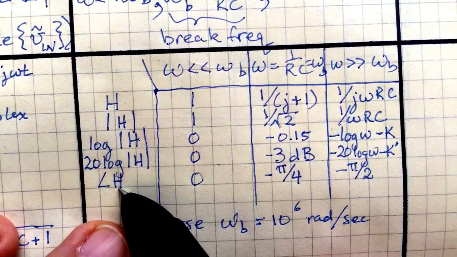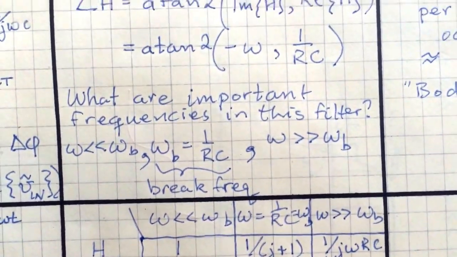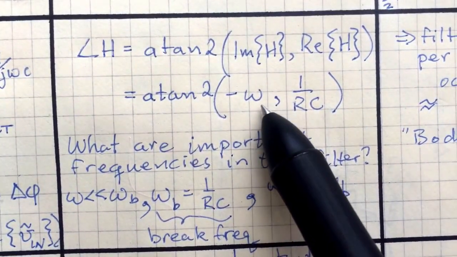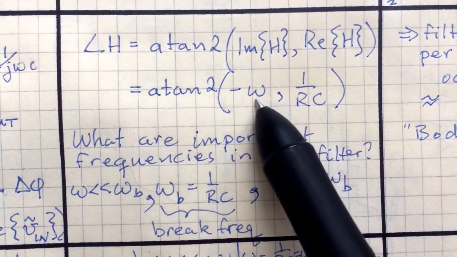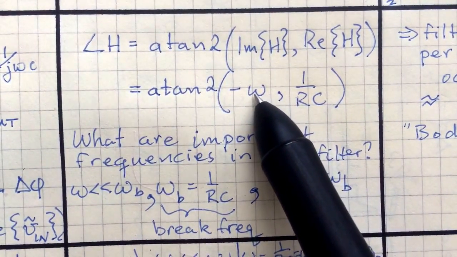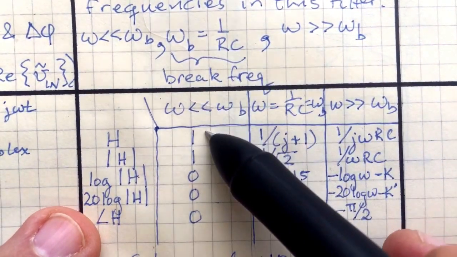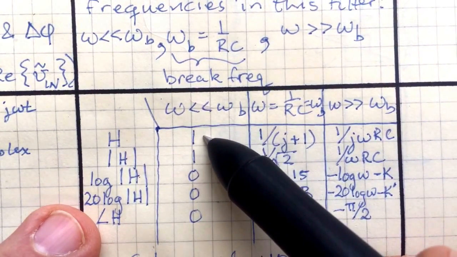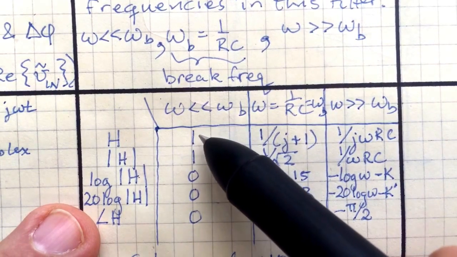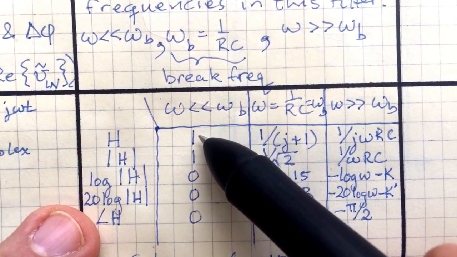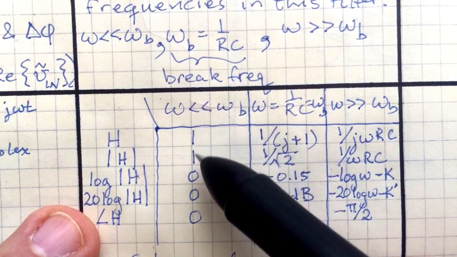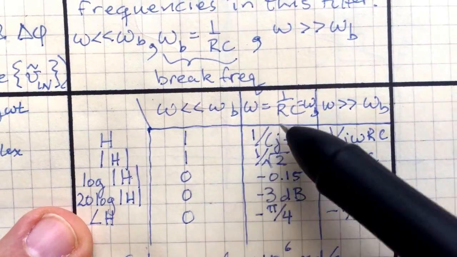And then the argument of h, well, I'm not sure if it's easiest to look up here or not. For low frequencies, probably the best place to look is right here. At low frequencies, this is the real term. The argument of it is just a real number, so the phase is 0.